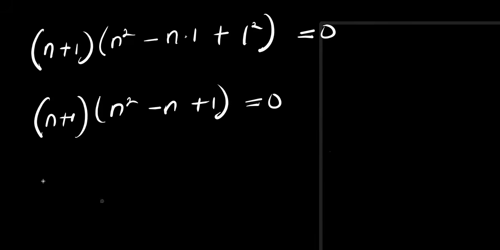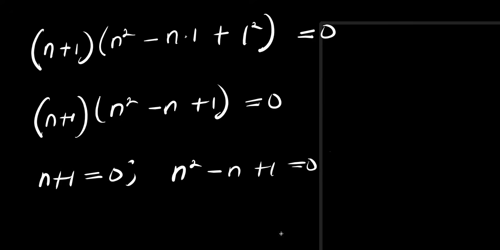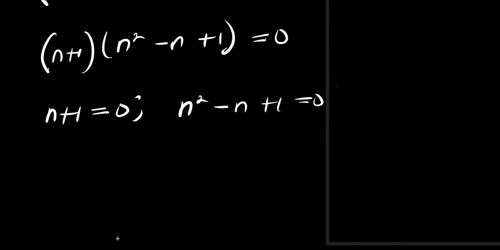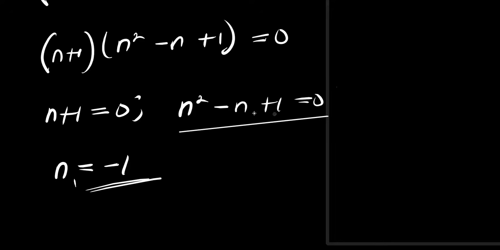So from here, I have n plus 1 equals 0, and I have n squared minus n plus 1 equals 0. So from here, I have n equals -1. So this is our first real solution. Now let's solve this. This is a quadratic equation, but we are looking for real values of n.